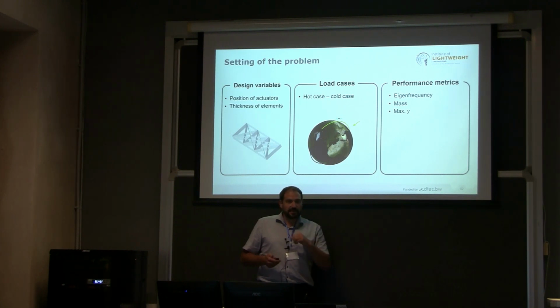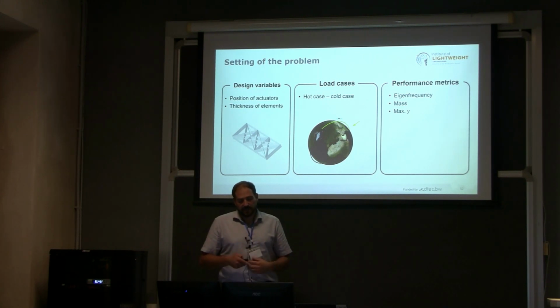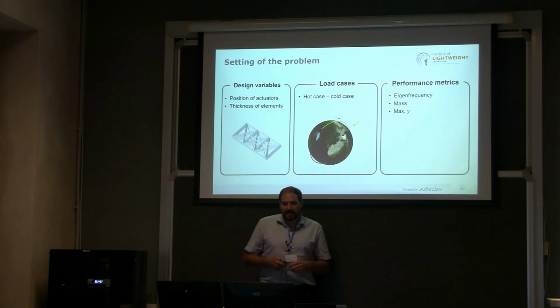I have two design variables now, the position of the actuator and the thickness of the elements, and the load case in this case was only a hot case and a cold case, so if it's fully in the sun, fully in the eclipse. And the performance metrics here are the eigenfrequency, the mass, and the maximum deformation.